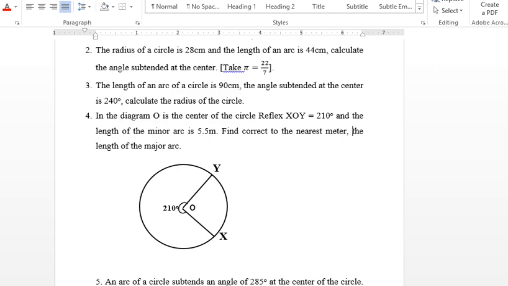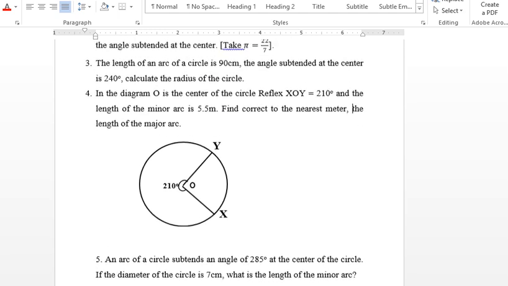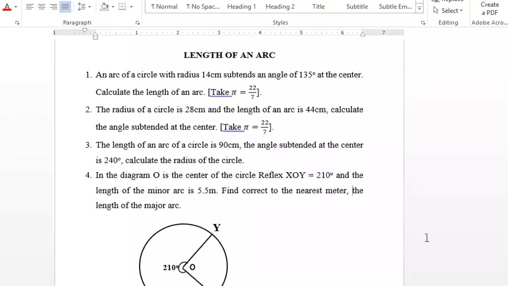As for the first question, an arc of a circle with radius and so on. Let's bring out the information we need for this problem. Write out every information you need.